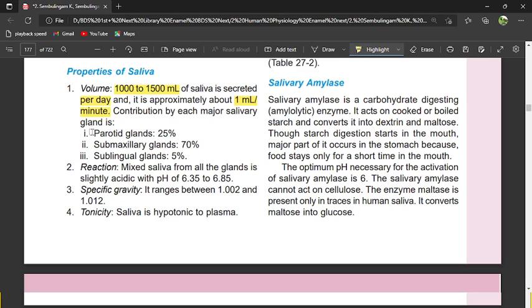So parotid gland 25%, submandibular, submaxillary 70%, sublingual gland is 5%. See students, this percentage given, if you go through AKG and if you know, again some it varies also sometimes. So be careful, and MCQ author also will be very careful here.